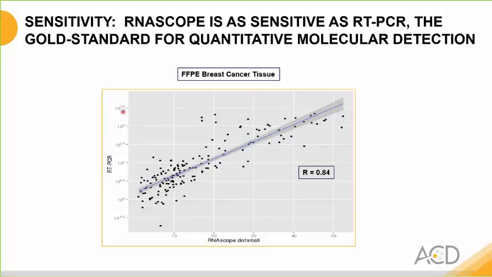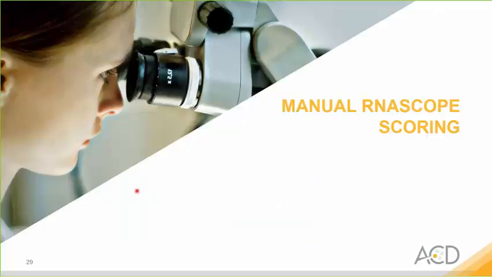So again, on the y-axis, you can see the RT-PCR compared along the x-axis to RNAscope dots per cell, and you see a nearly linear line with a similar lower limit of detection. So it has the potential to be a quantitative assay similar to real-time PCR assays.